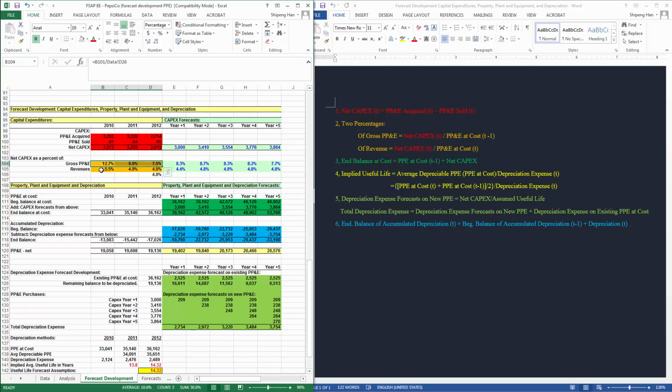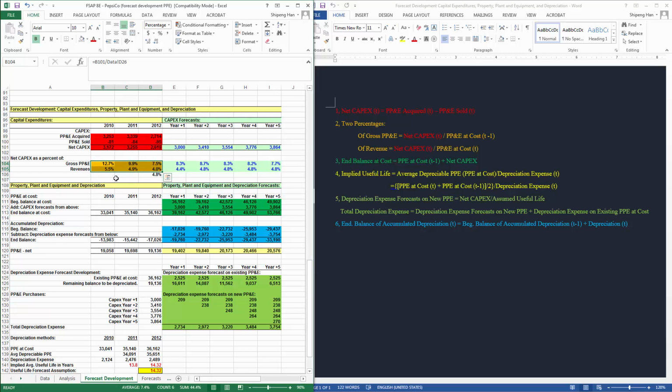And here the percentage of revenue represents, if the company makes $100 revenue in the current year, it spent $5.50 on investment in the property, plant, equipment. Okay, so these two percentages help us to predict the future net capital expenditures.